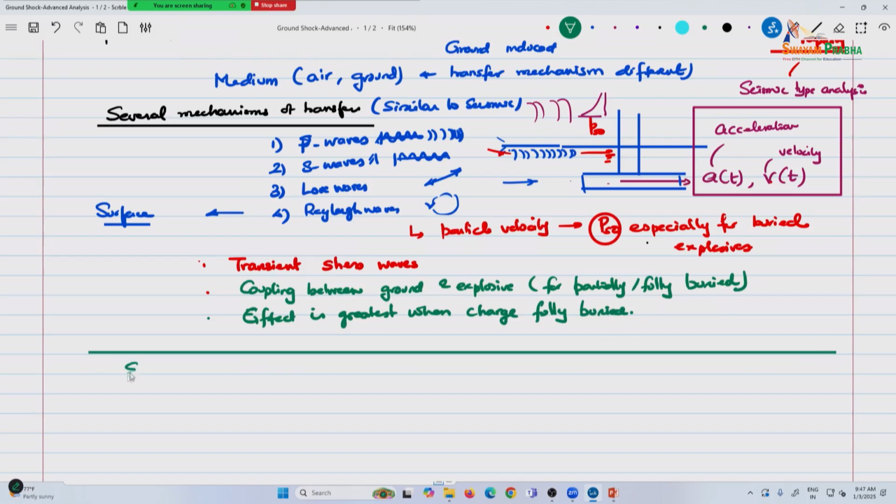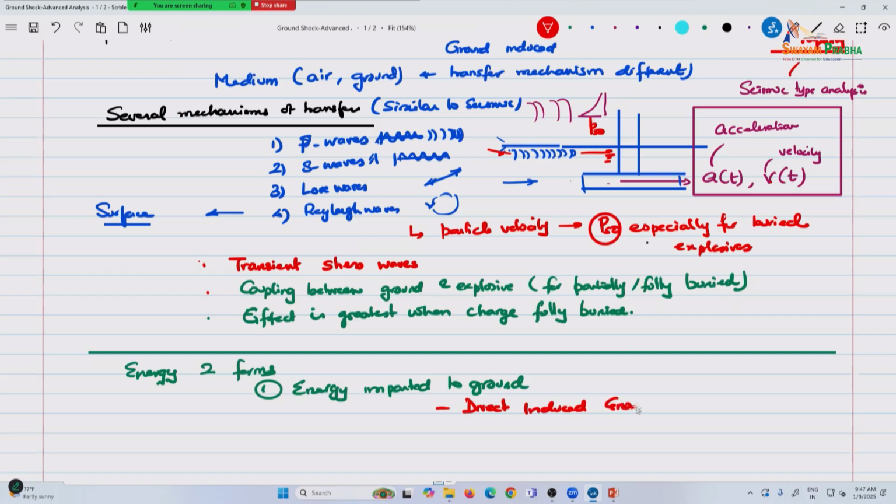Now, the energy from the explosive has two forms. The first one is the energy that is imparted to the ground, and this is what is called direct induced ground shock.